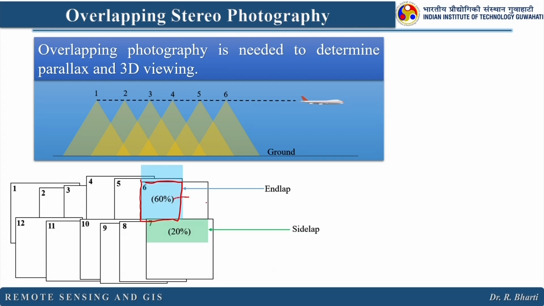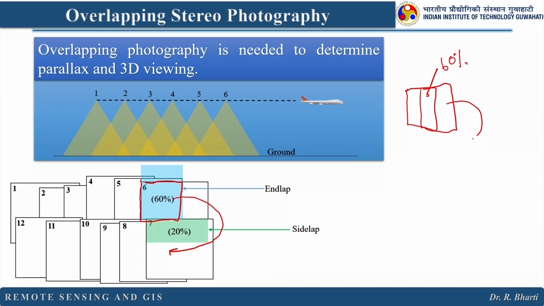So this overlap is basically 60%, which is known as end lap.